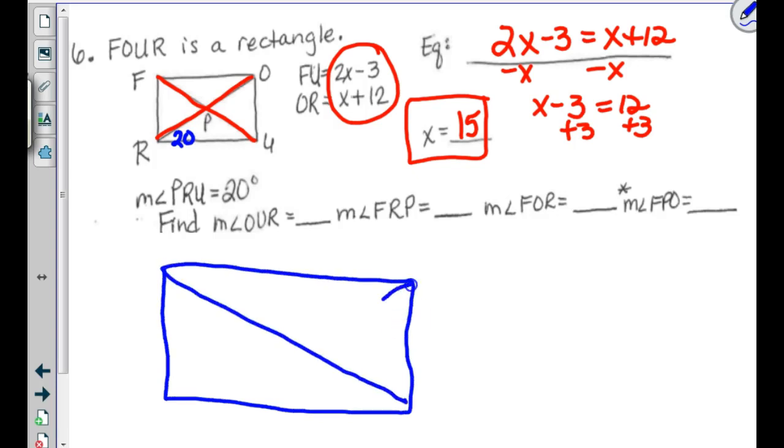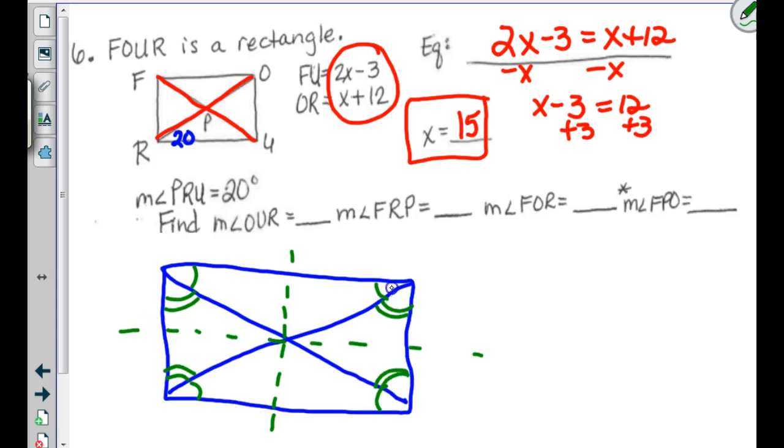But when you have this picture, remember there's a line of symmetry here. So it folds and these match up, and these match up, and these match up, and these match up, okay? Because there's also a line of symmetry here, so all the ones on the top match the bottom.